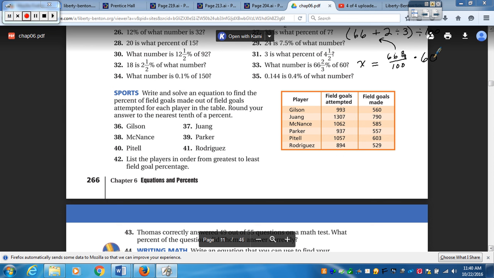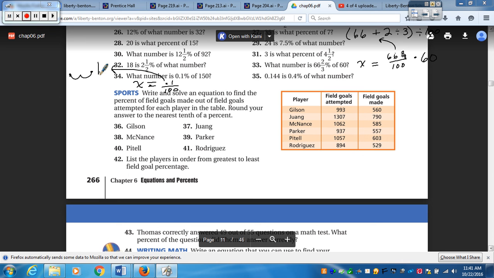For the next one, what number is, so we're seeing the exact same thing, what number is 0.1%, oops, is, not of, is 0.1%. You could go ahead and do 0.1 over 100, or you could make it into the decimal, moving that decimal 2 places, 1, 2.